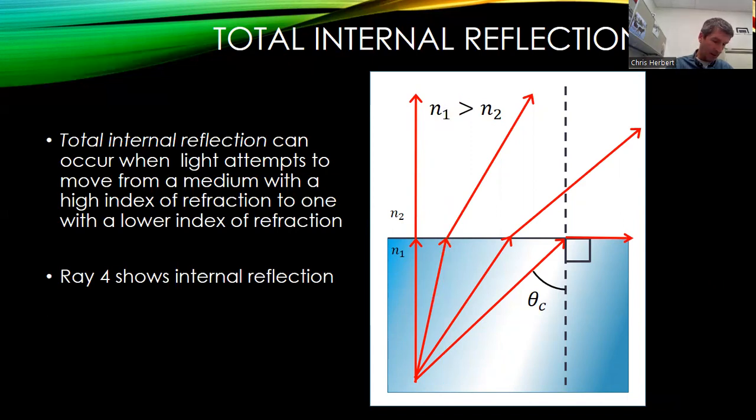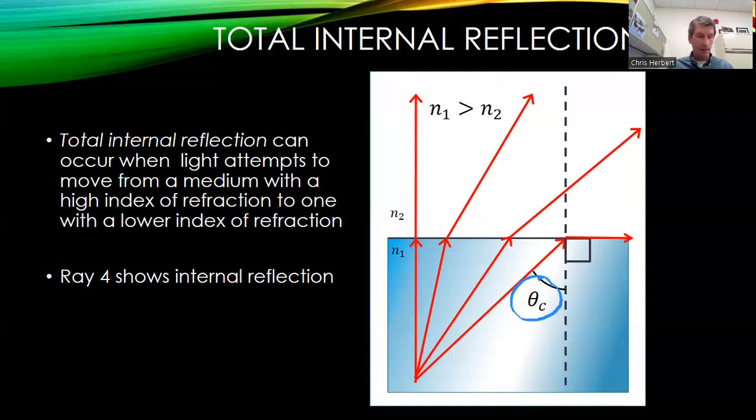Again, we're increasing. Now we're getting to fairly large angles, large enough where the angle of refraction is beginning to approach 90 degrees. And again, if we make this angle even larger, we eventually get to this case, which we call the critical angle, where the critical angle represents the angle of incidence such that the angle of refraction becomes 90 degrees.